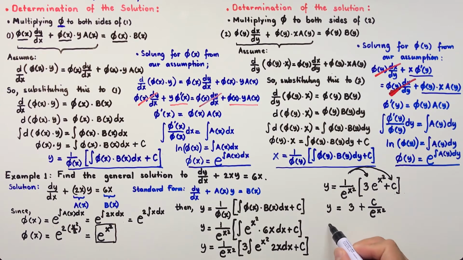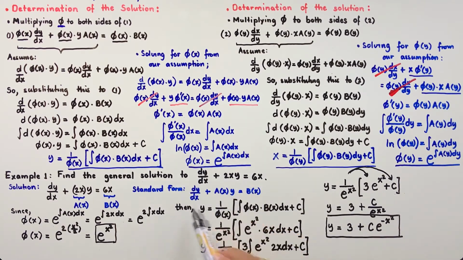Or you may simplify it further as y, which is equal to 3 plus the constant of integration c times e to the power negative x squared. So this is our solution for this given differential equation, which is a first order linear differential equation, which is linear in the dependent variable y here.